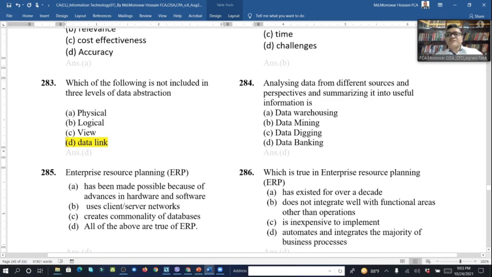Analyzing data from different sources and perspectives and summarizing it into useful information is data bank.